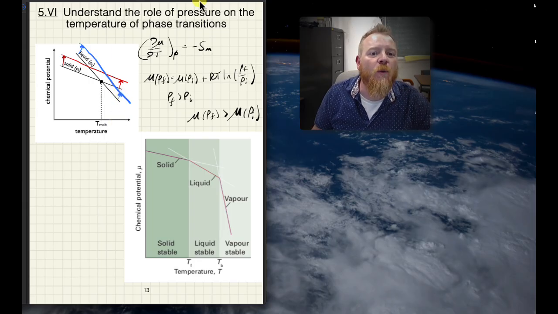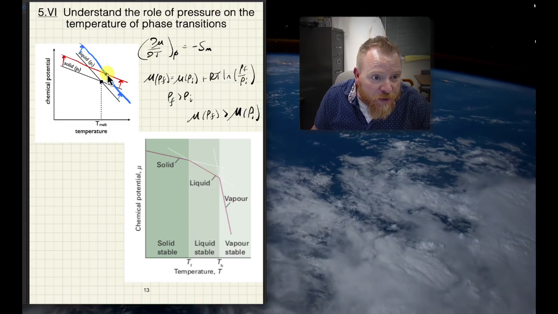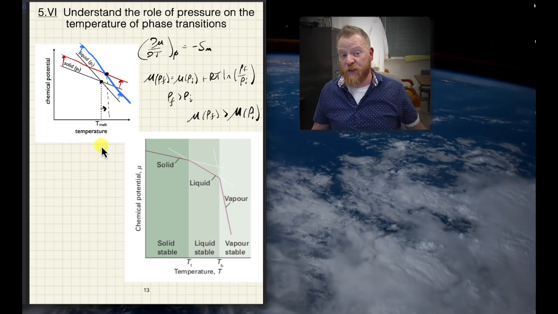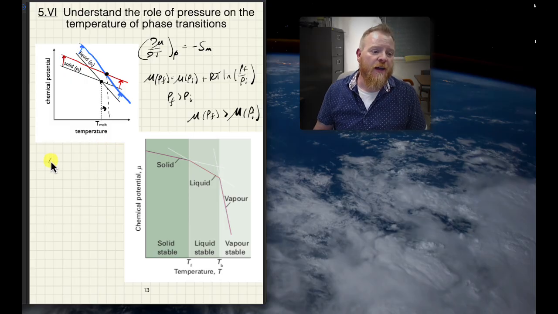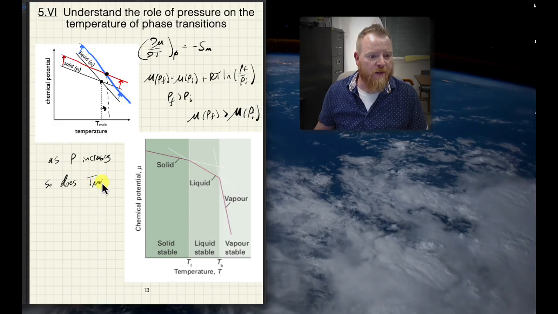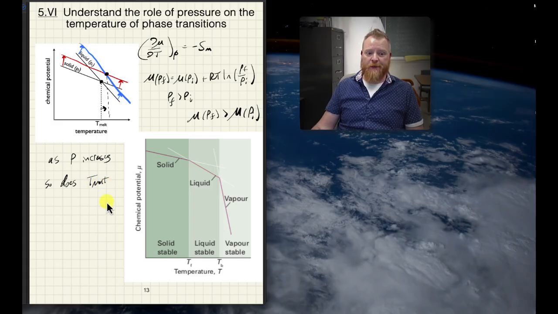And now hopefully you can see where the new chemical potentials have intersected, they have gone out to a higher temperature. Thus, for most materials, as P increases, so does the melting temperature.